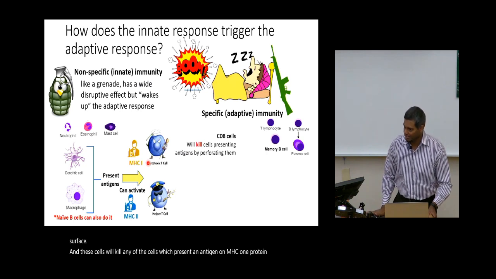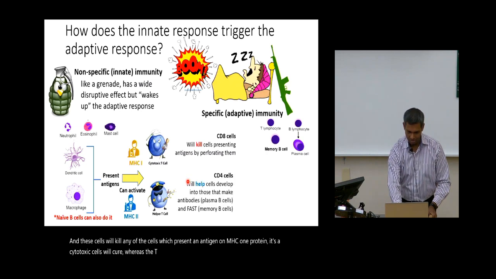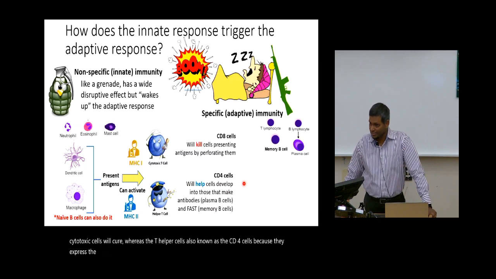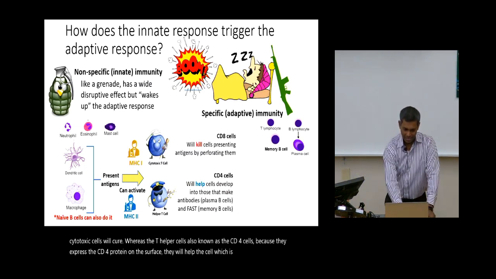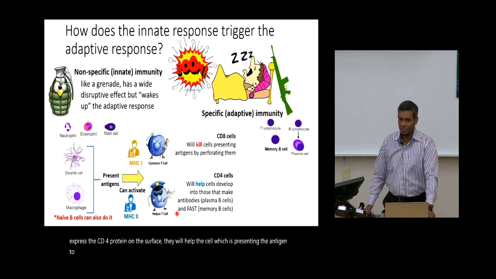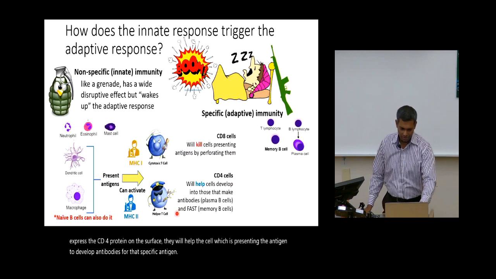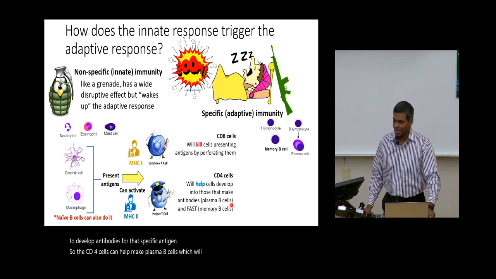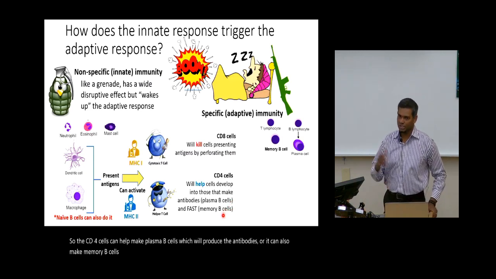So cytotoxic cells will kill, whereas the T helper cells, also known as the CD4 cells because they express the CD4 protein on the surface, will help the cell which is presenting the antigen to develop antibodies for that specific antigen. So the CD4 cells can help make plasma B cells which will produce the antibodies, or they can also make memory B cells which will ensure that the antibodies are produced very quickly.